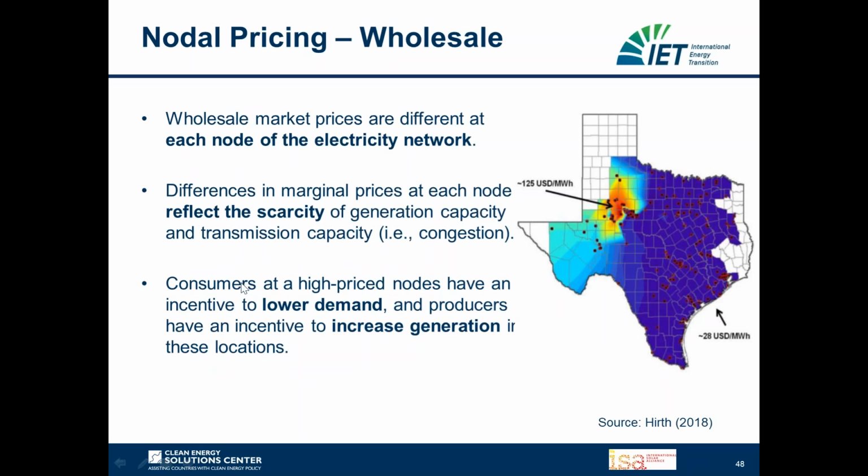The most frequently cited case study when it comes to nodal pricing is usually Texas and the ERCOT system in the United States, where at each and every node of the electricity system you get a different price for power that is generated, and this reflects the scarcity of generation capacity at this specific node.